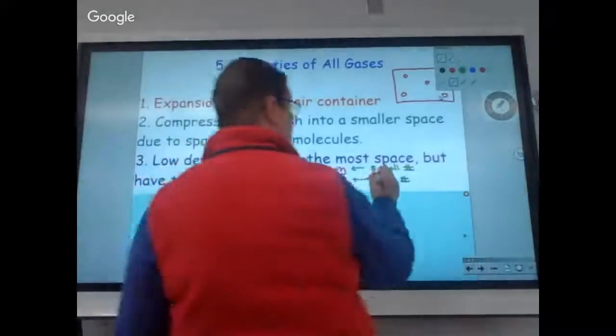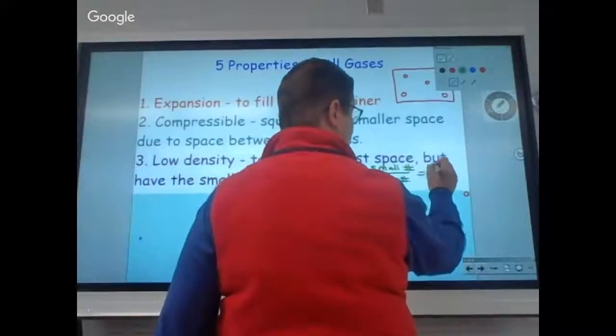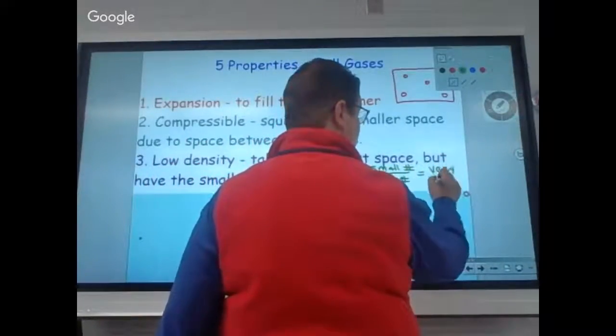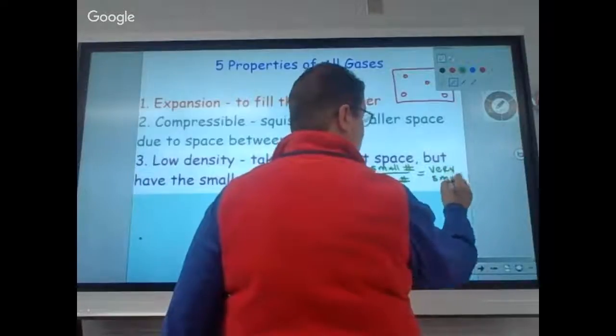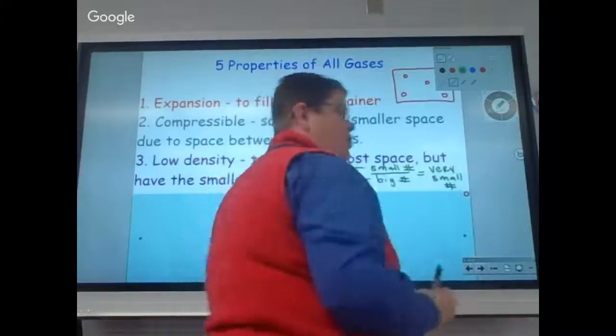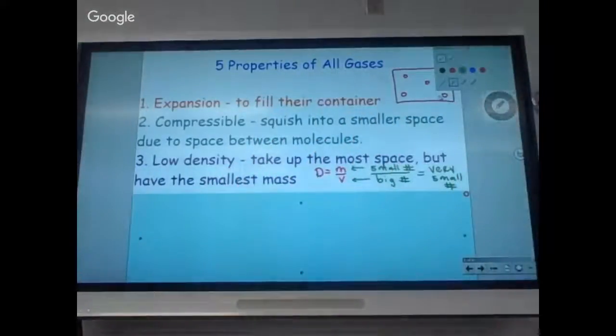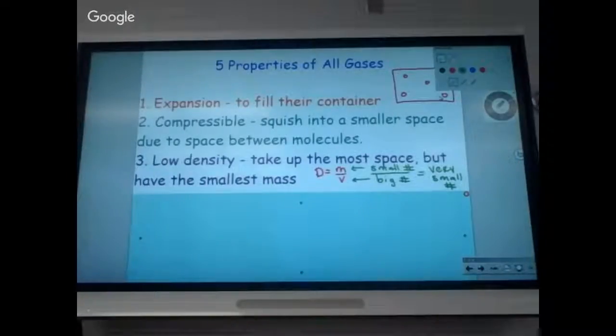You get a very small number. That's why gases have such a small density. All right? Because the volume is huge and the mass is very small. And you guys know from math class, when you divide a small number by a large number, you get a very small number.